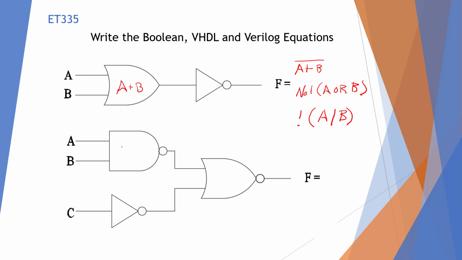And our next one's going to be A times B bar. And this guy is just going to be C bar. And we're adding, so we got A B bar plus C bar with a bar over it. So let's go ahead and do our VHDL.